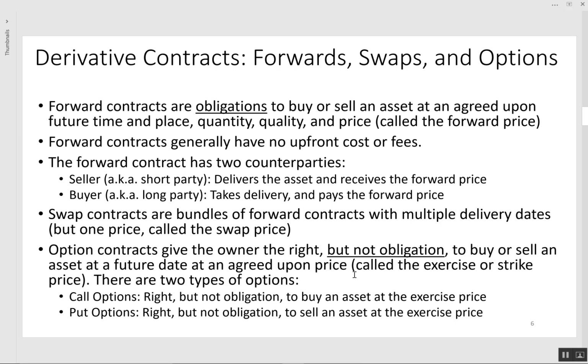A forward contract is simply a contract. It's an obligation between two counterparties to buy or sell an asset at an agreed upon price, time, quantity, quality, and location. So, for example, Todd Hoffman in their mind could call a few banks and ask for a contract.